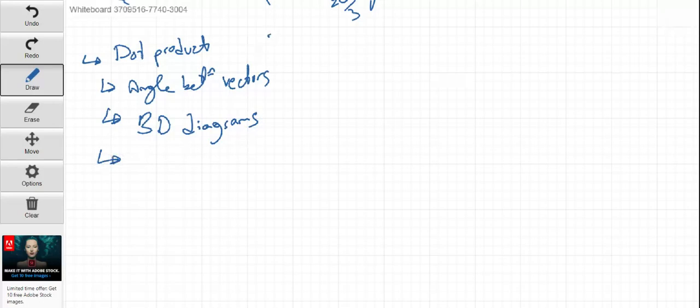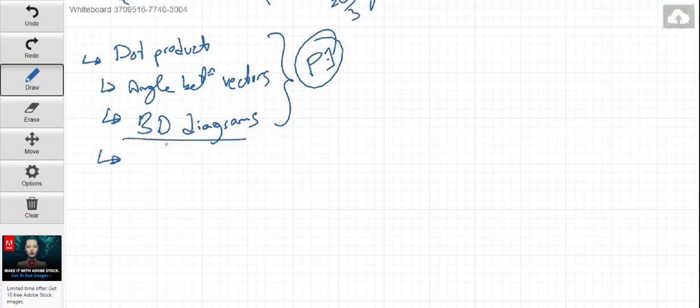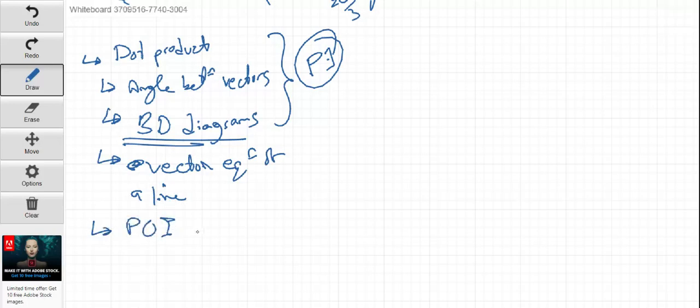These were from the old P1 syllabus, which is now incorporated in your P3 syllabus. Then we'll talk about the exclusive P3 stuff, the vector equation of a line, and then point of intersection using vector equations.